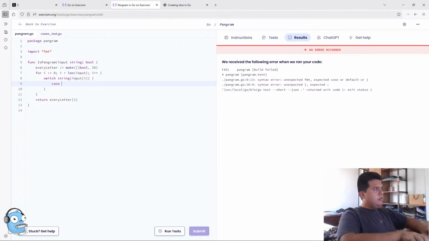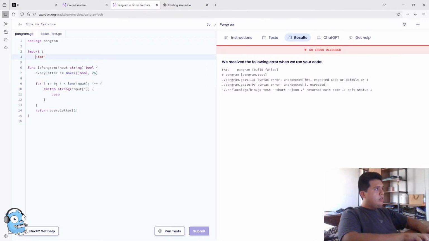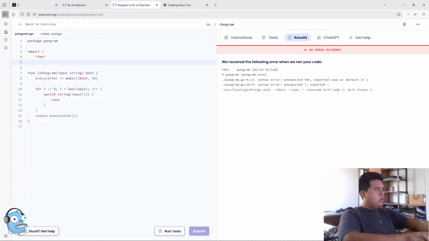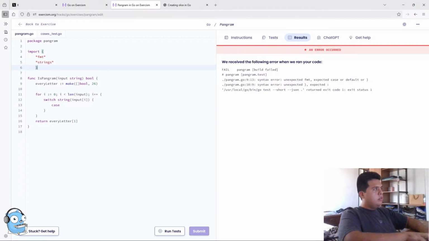Okay, first of all, I want to put the strings package. Input equals strings.ToLower input.